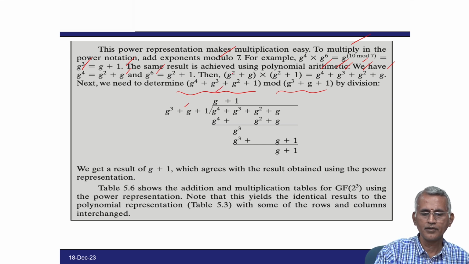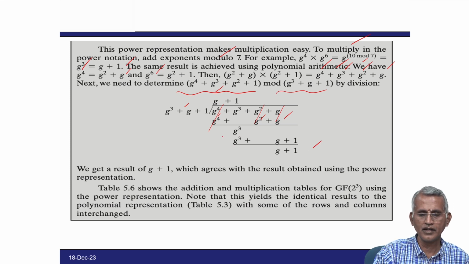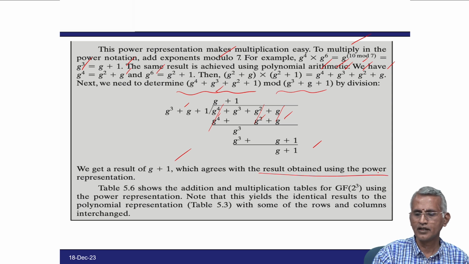Therefore, 1 times g is g power 4, g square and g get cancelled, and then we have g cube, and the remainder is g plus 1. So, the value of this division is g plus 1, which agrees with the result obtained using power representation.